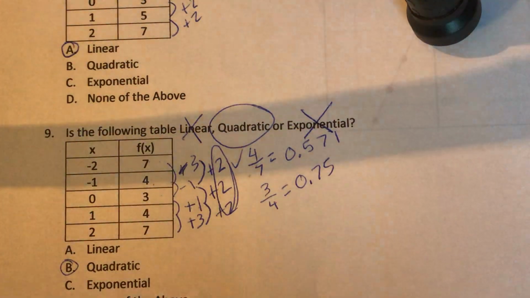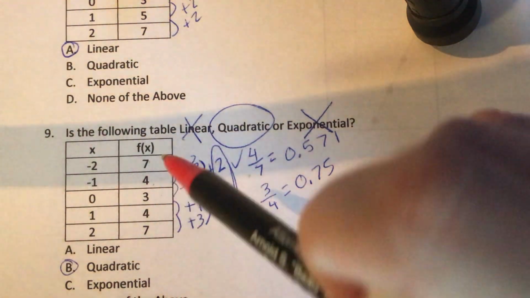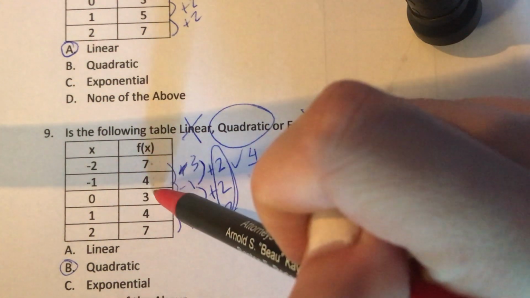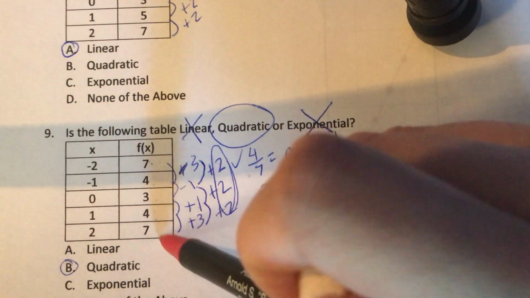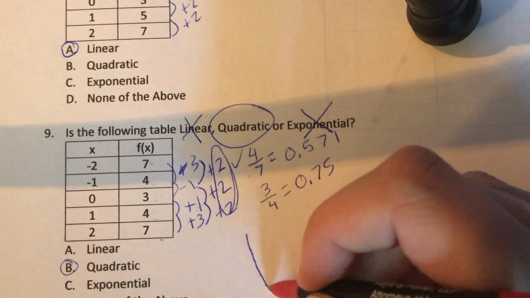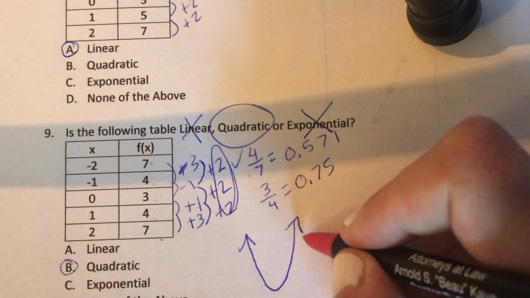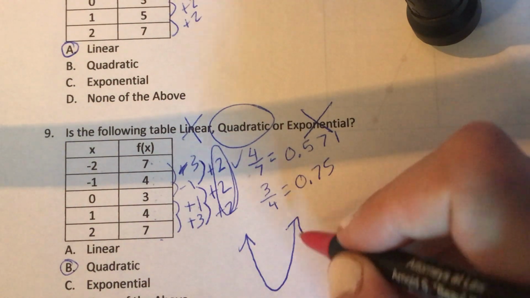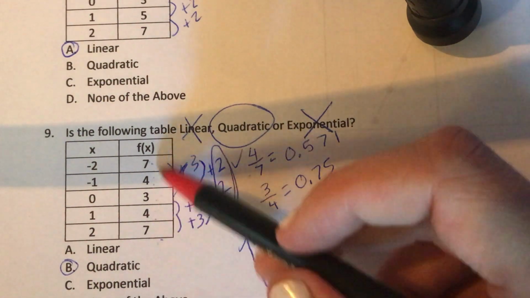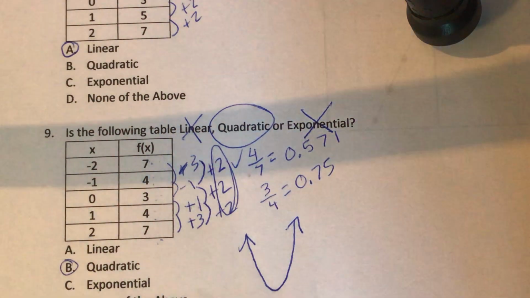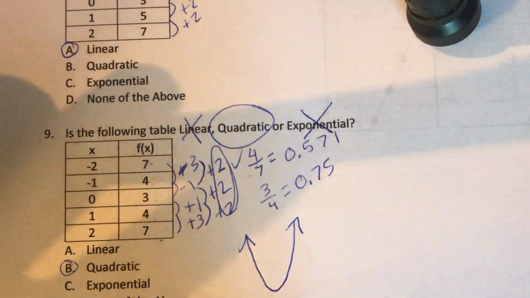Another cool thing to look at when we're looking at these tables is if it starts up, goes down, and then starts going back up again. It kind of models that U-shaped curve that we were talking about, where we start up, go down, and come back up again. So if you notice even just the numbers looking like that, then it's probably quadratic. But I would still be on the safe side and try that first.